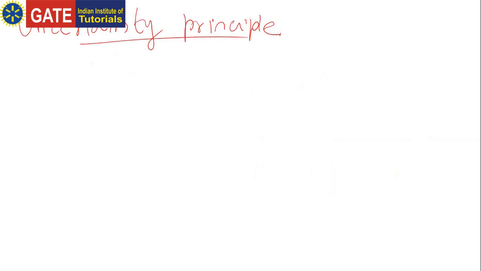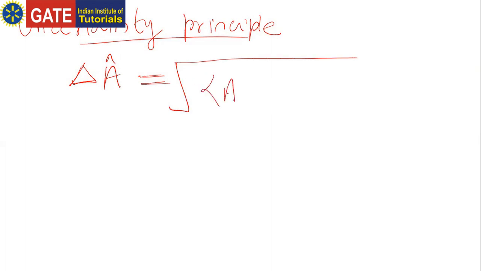What is the RMS deviation of a physical quantity? The RMS deviation of a physical quantity, delta A, from its mean. How to find delta A? Delta A is the root of the expectation of A square minus the expectation of A, the whole square. Very, very important. Please remember.